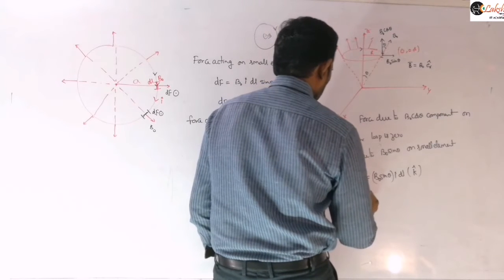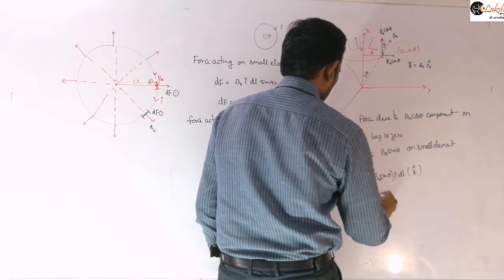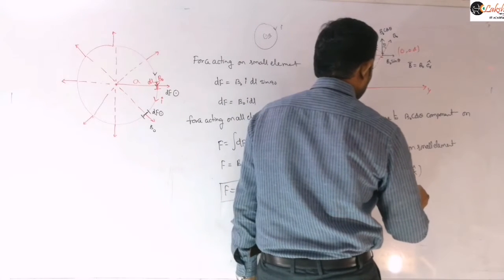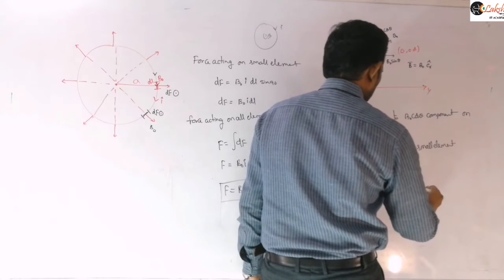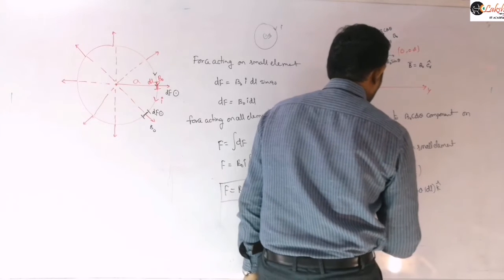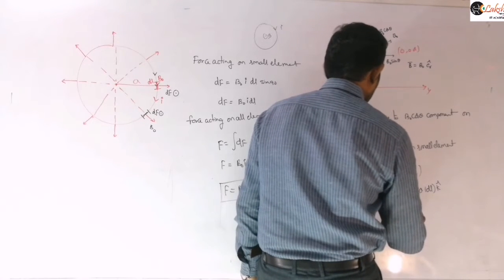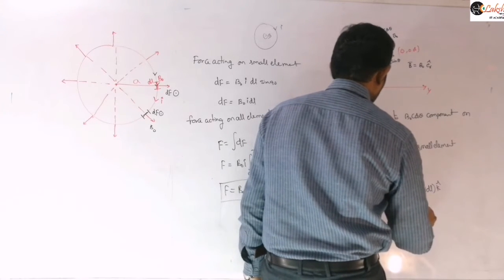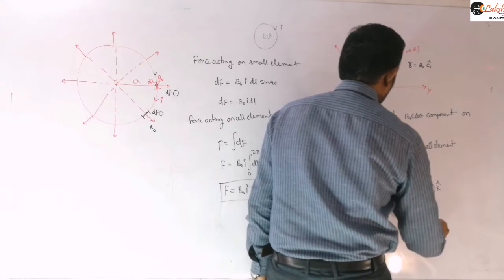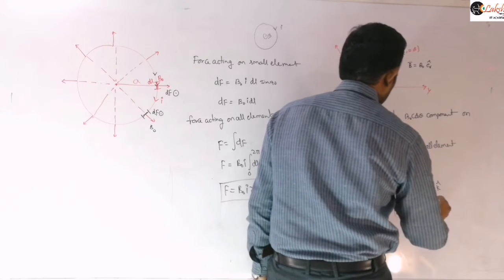So therefore this total force F is equal to the integral of b naught sin theta I into dl, which you can write as b naught sin theta I into the integral of dl. That integral of dl is nothing but 0 to 2 pi r.